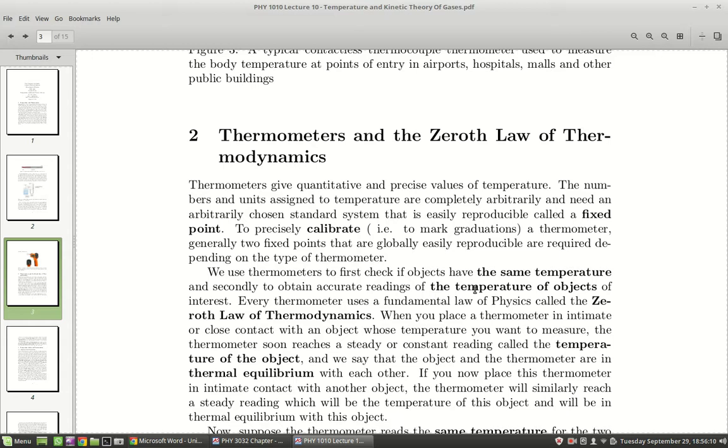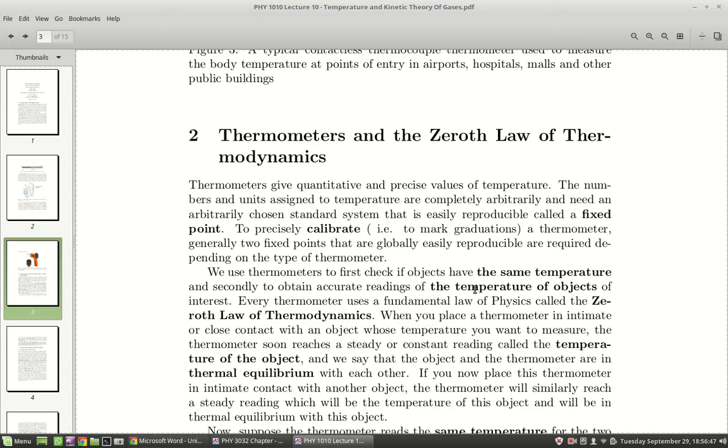One purpose is to find out if one body has the same temperature as another body. You want to find out if two or three different things actually have the same temperature. The other is that you just want to find out how hot or how cold something is.